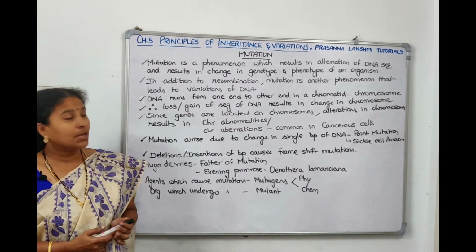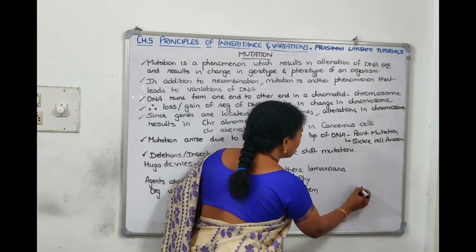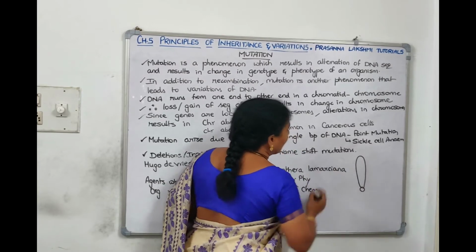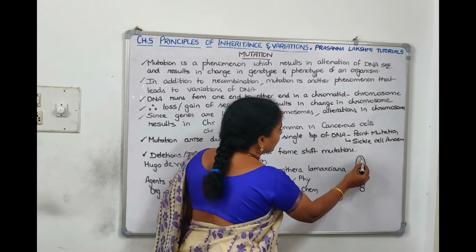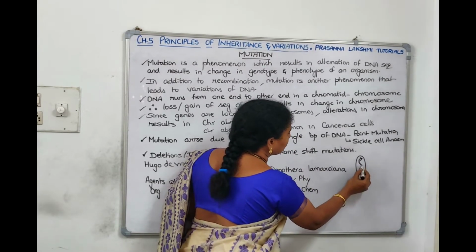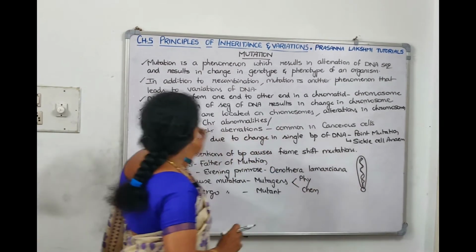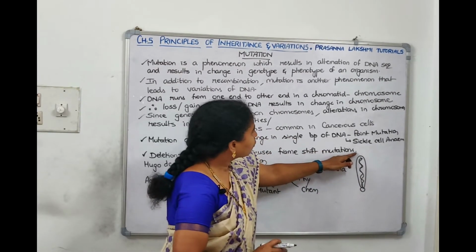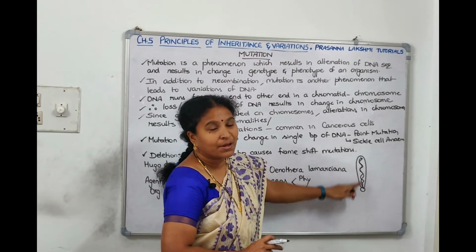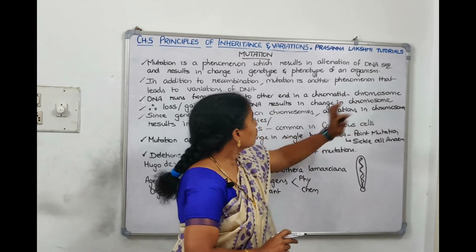And where is DNA located? DNA is located in the chromatid, and in this chromatid DNA runs from one end to the other end, right? And where is the chromatid present? It's present in a chromosome.